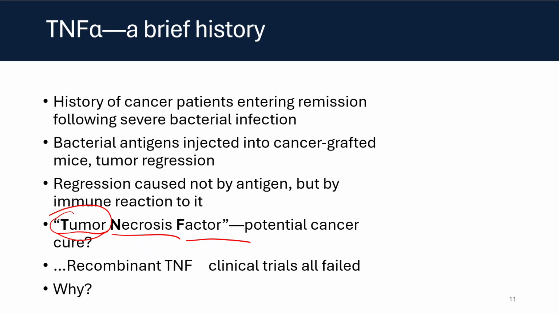That makes it sound like this signaler can kill cancer. Well, back in the 70s, scientists were already investigating a very controversial treatment for cancer called Coley's toxins. A scientist by the name of William Coley noted that sometimes cancer patients went into remission when they experienced a severe, life-threatening infection. So he and his followers hypothesized the following.